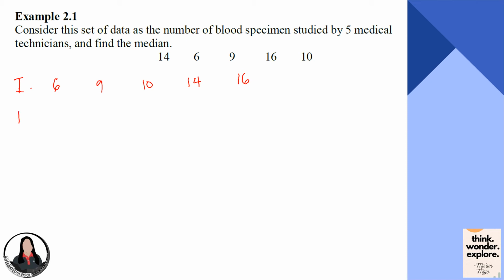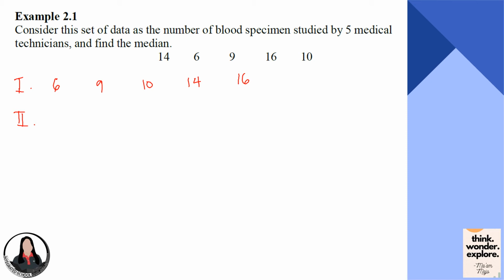Now, sa second step, ang gagamitin nating formula is kung siya ay even number or ang total number of observations niya ay even, ibig sabihin, we just have to get the arithmetic mean of the two middle numbers. However, kapag naman siya ay odd, kagaya nito, hanapin nyo lang yung middlemost number. Okay?